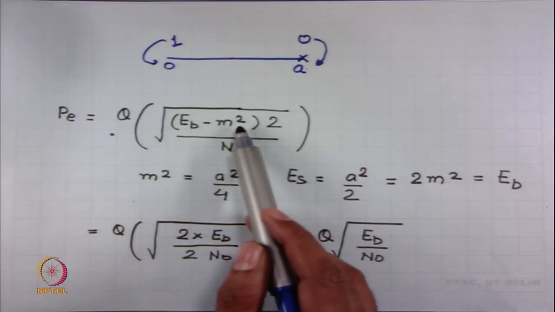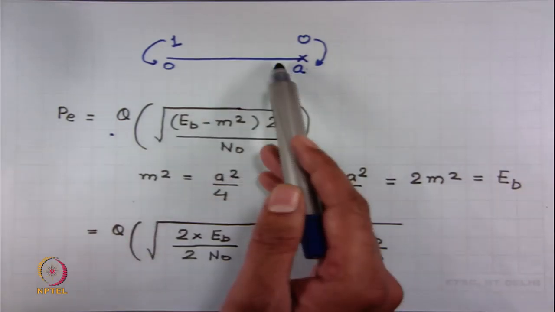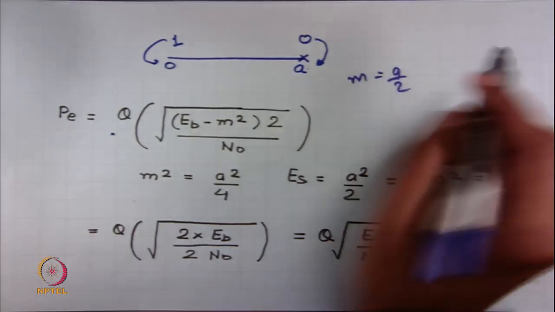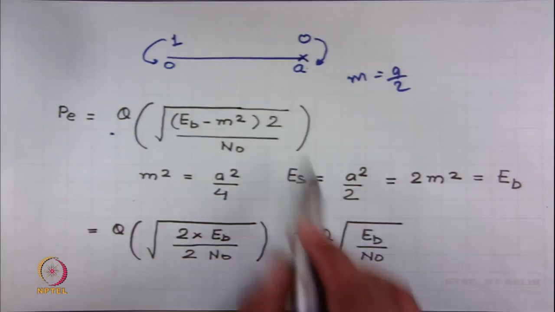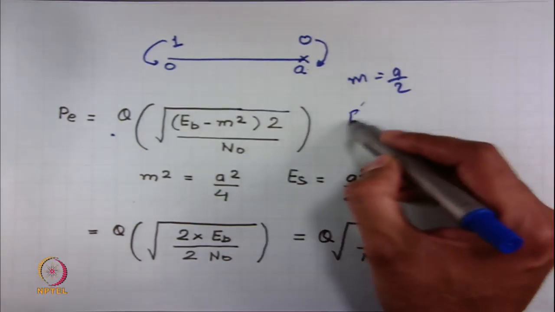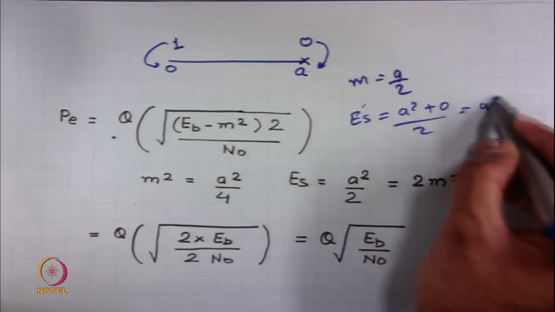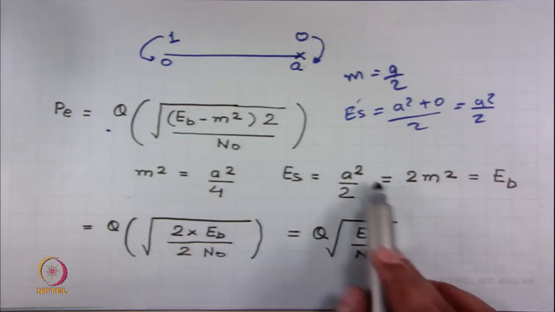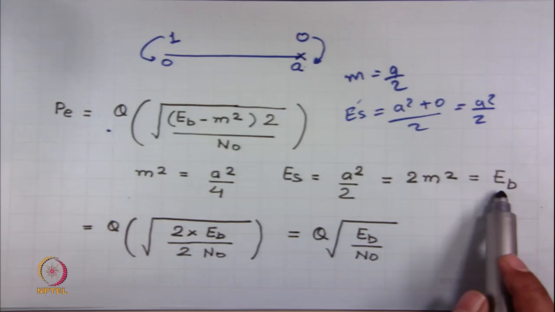This formula should be used when this constellation has a mean, and what is the mean in this case? So, mean is A by 2. So, m square is A square by 4, symbol energy is A square plus 0 by 2. So, A square by 2. So, this is simply 2 m square, and symbol energy is also same as E b.